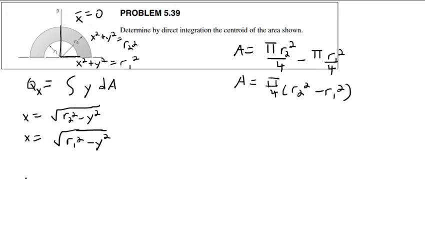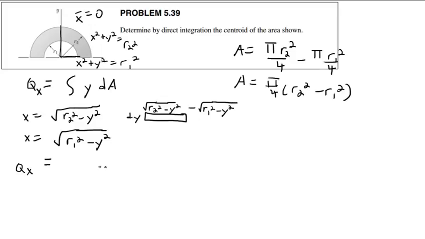And then, let's see, Qx. So our differential element is just going to be the difference between these. Actually it's going to be more horizontal than vertical, a horizontal differential element. So it's going to be dy, and it's going to be these two square roots minus each other, the outer minus the inner: the square root of r2 squared minus y squared minus the square root of r1 squared minus y squared.